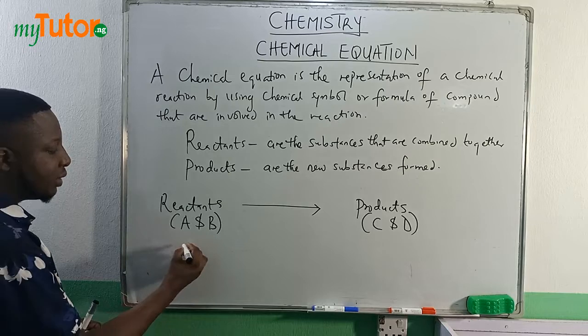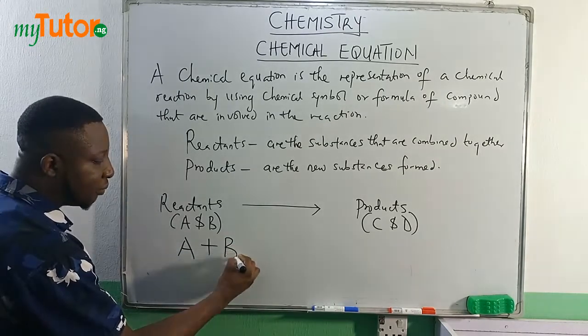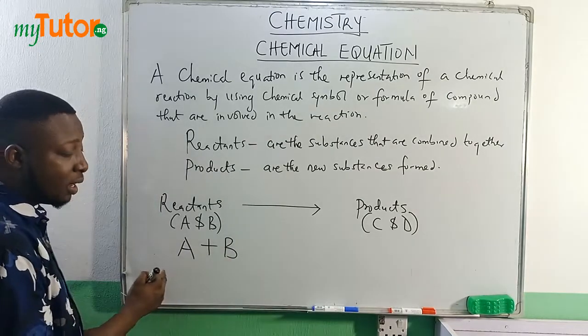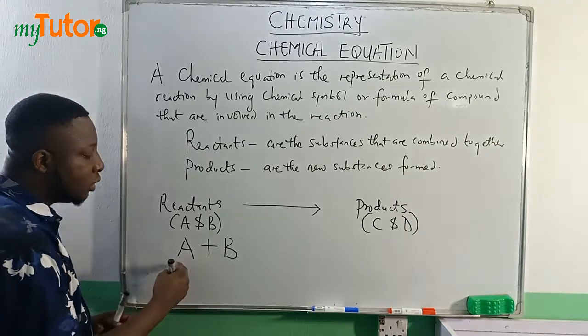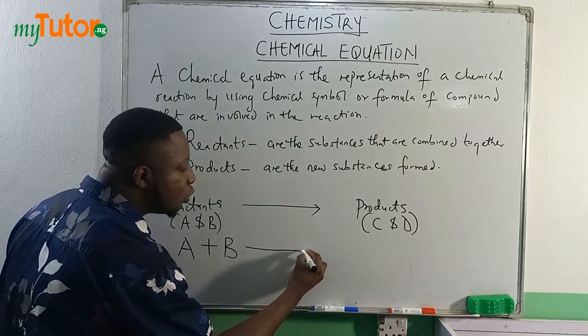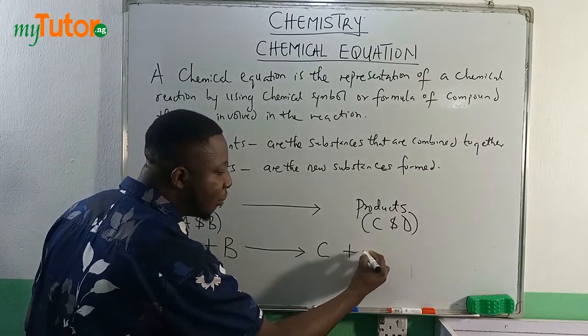We have reactant A combining with reactant B, and the plus sign indicates combination. The two reactants combine together to give us two products, which are product C and product D.